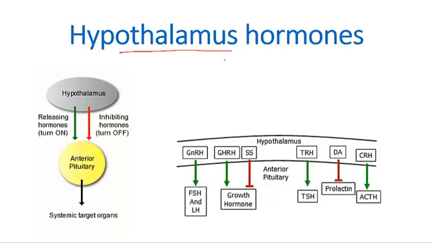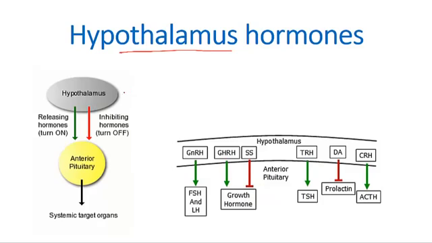Okay, so first in the hypothalamus, it has clusters of neurons that secrete different types of neurohormones into the circulation of our blood. And if you look here, there are different regions in the hypothalamus.